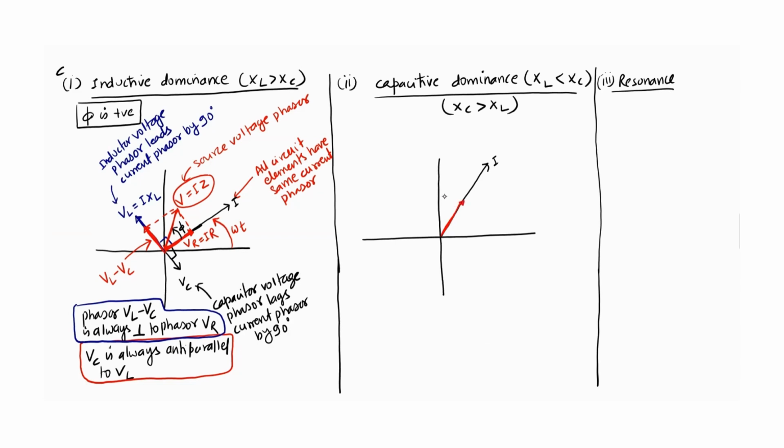So this is VR equals I times R. Now the circuit is capacitive dominance, so we need to note this. This is the inductor voltage phasor IXL, and we know VC and VL are anti-parallel.